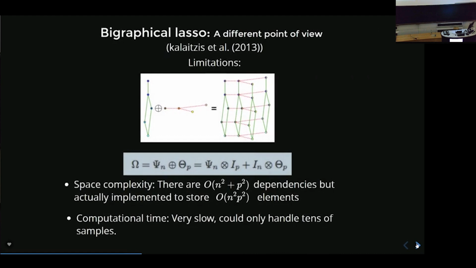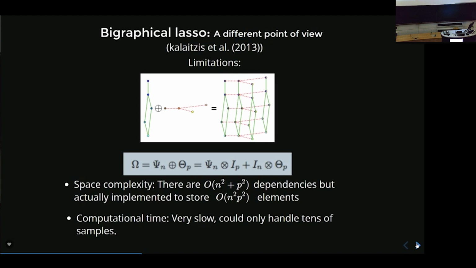Now, what are the limitations of this approach? So in principle, what we are trying to estimate here, you can imagine applying two separate graphical lassos in this direction and in this direction in the same algorithm.